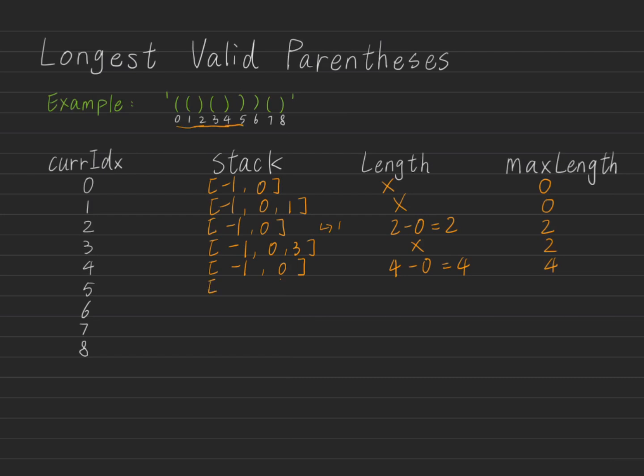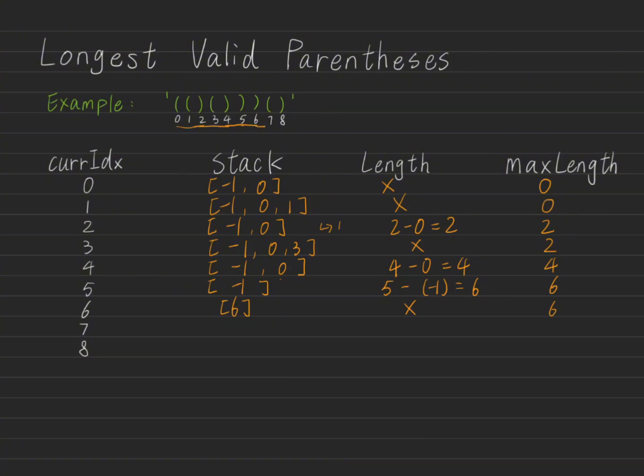Index 5, we pop again, and the length is 5 minus negative 1 equals 6. At index 6 here, we pop yet again, but since the stack is now empty, we'll reinsert 6 back into the stack. And no calculation here.